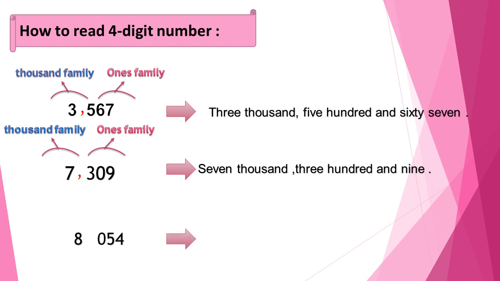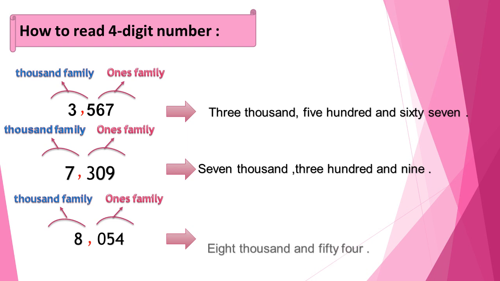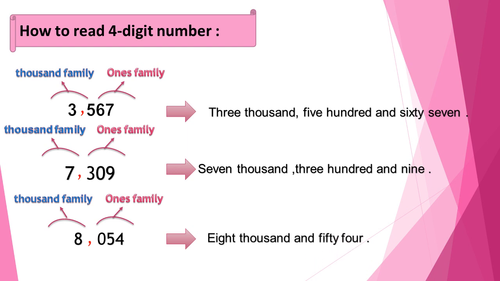The last one, put a comma after 3 digits from the right. We have thousand family and ones family. Then we start from the left and read the number with its place. 8,054. We have here 0 in hundreds. Then we said 8,054.